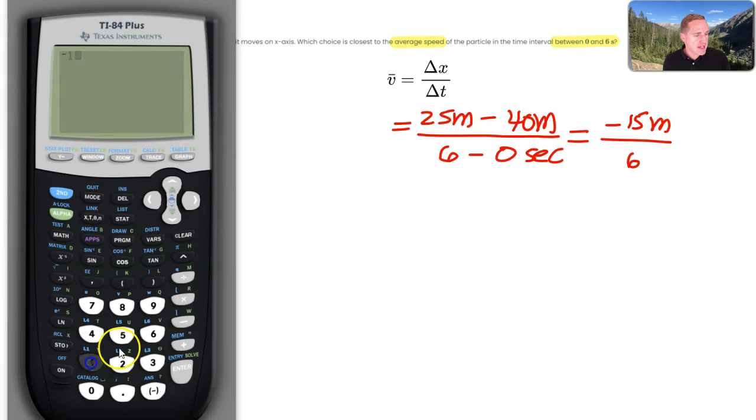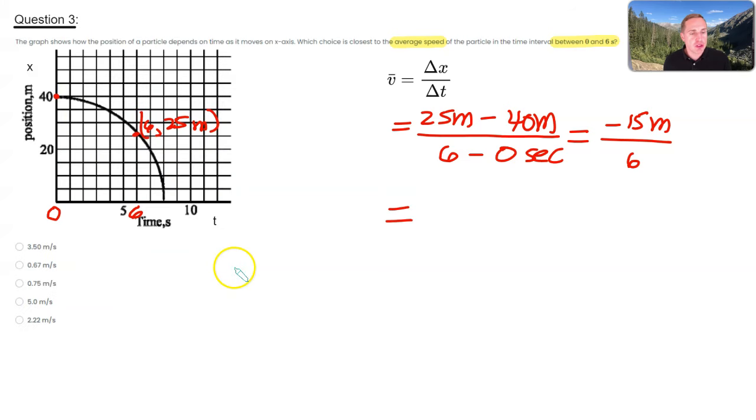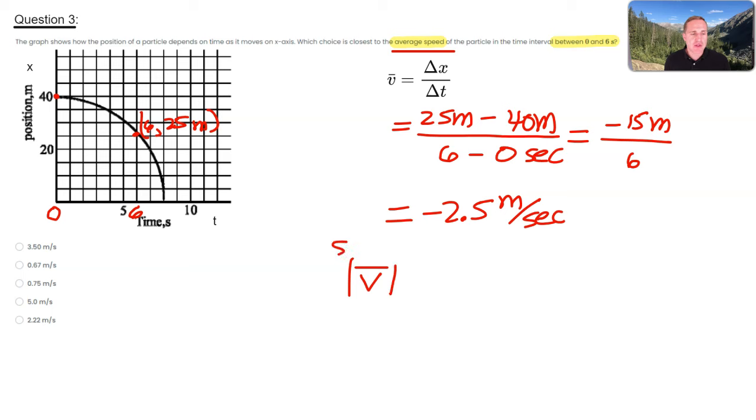So negative 15 divided by 6 is going to give us negative 2.5 meters per second. So that should be roughly the average velocity over this interval. Now we are asked to calculate the average speed. So the average speed would be the magnitude of the average velocity to give us speed.